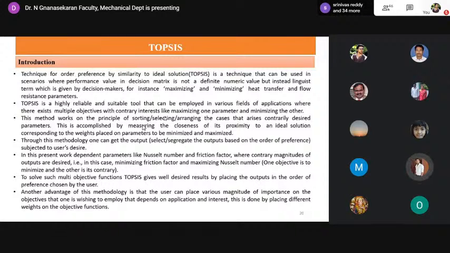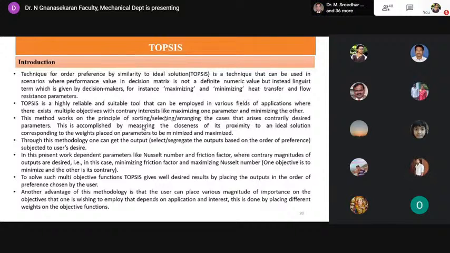Basically, we are going to deal with sorting of the parameters, then selecting and arranging the cases based on the desired parameters. Then we are going to figure out the ideal solution based on the closeness of its proximity, whether it is beneficial or non-beneficial, and accordingly the weights will be distributed. Then minimization or maximization of the objective takes place.